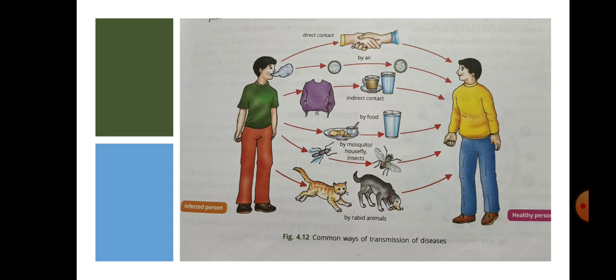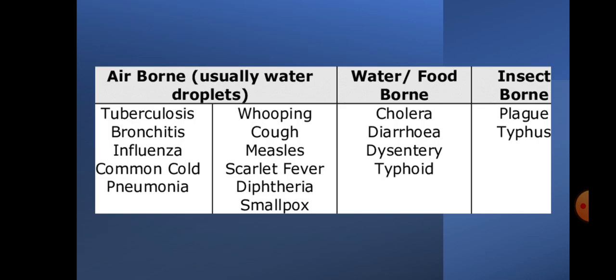Okay, waterborne. This is also spread through water contaminated with microbes. For example, contaminated water may contain excreta from someone suffering from an infectious gut disease such as cholera. When this water mixes with the water used for drinking, the cholera causing microbes will enter a new host and cause disease in them.